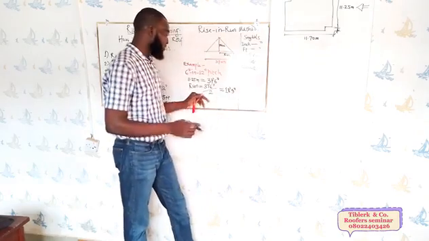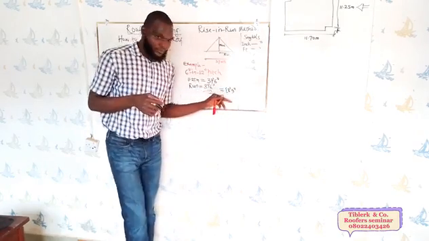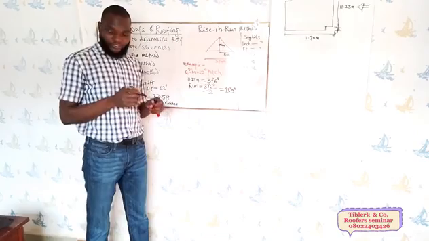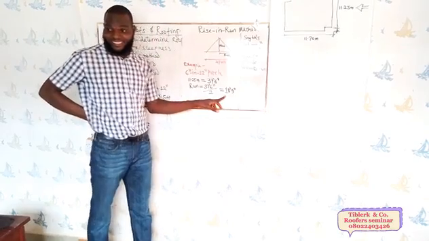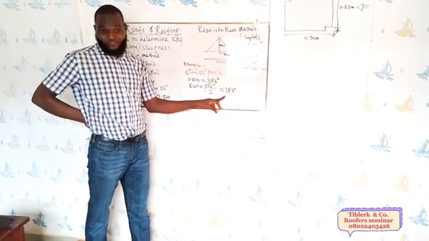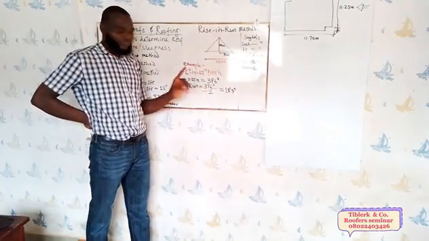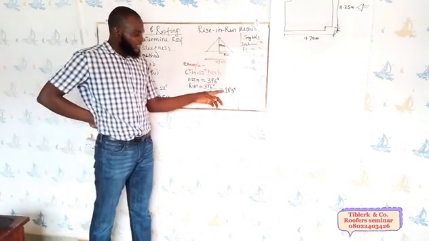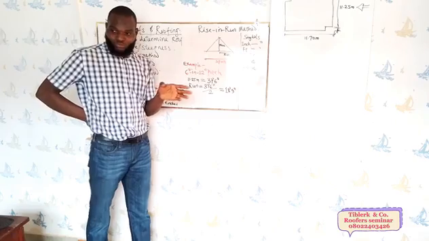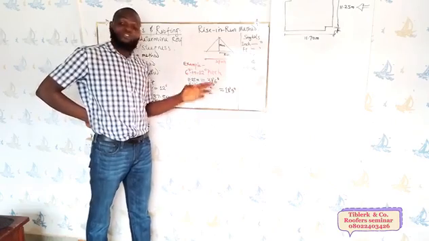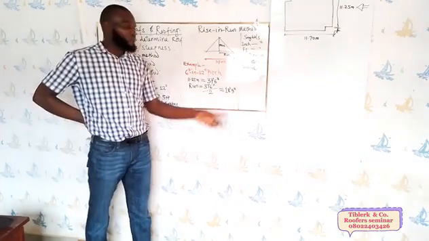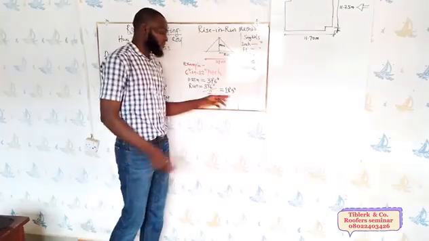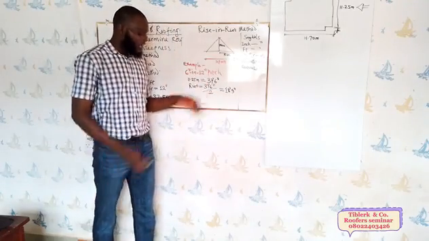Am I correct? 18 feet times 2 gives us 36 feet. We now have 1 foot left. When we divide that into 2, that will give us 1 foot plus 6 inches, that's 18 inches divided by 2, 9. Correct.